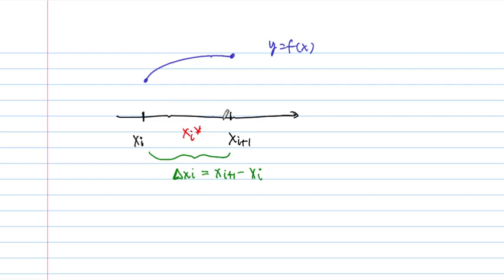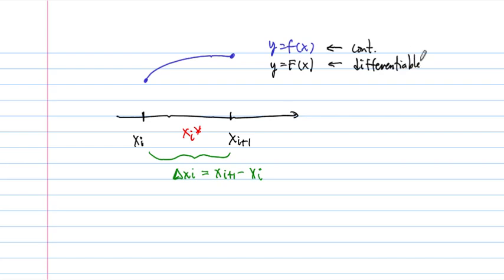And we want to choose this in a way that's going to really represent our function and take advantage of all the information that we know. So some of the information that we know is that f of x is continuous on this interval, okay? But that's it, right? The other information that we know is that we have this other function, y equals capital F of x. So this little f is continuous, but capital F of x is actually differentiable.